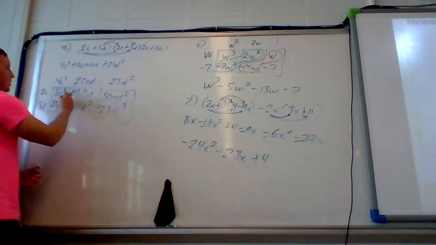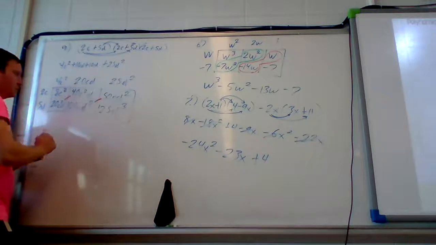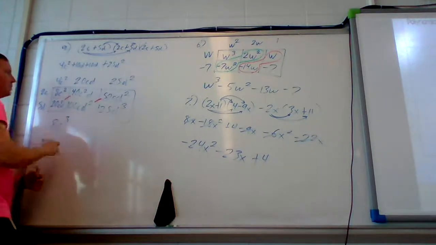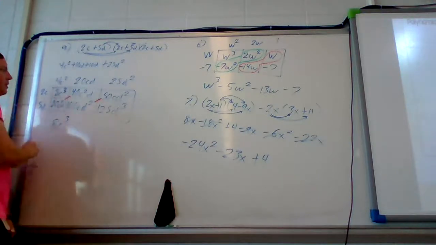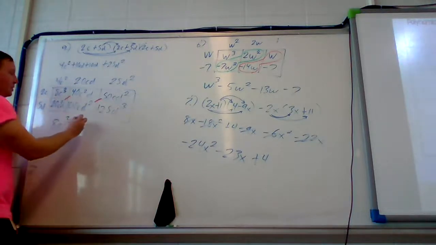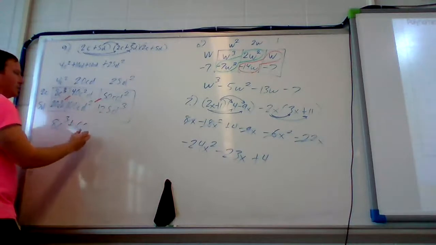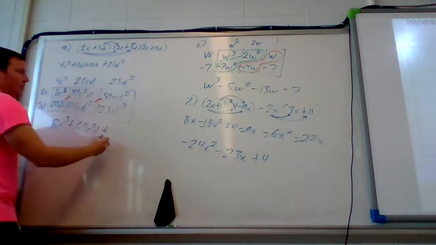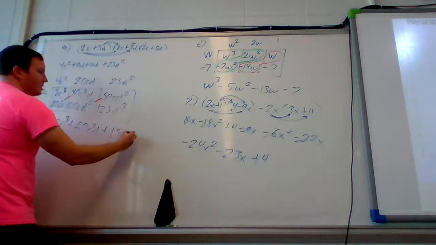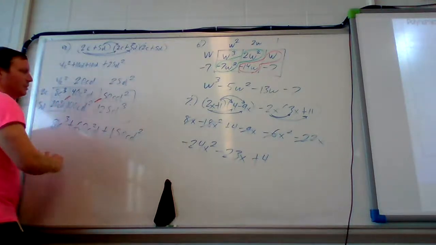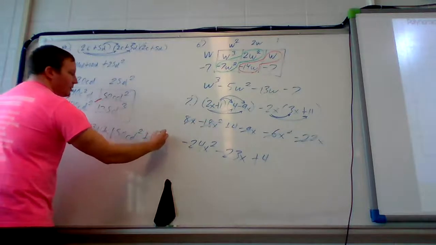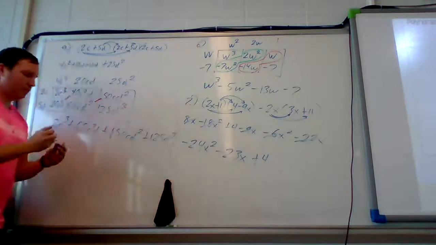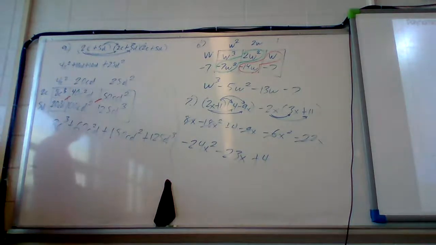So we have 8c cubed, sorry, that's a cube, plus, let's see, I had 60c squared d plus 150cd squared plus 125d cubed. And that's our answer.